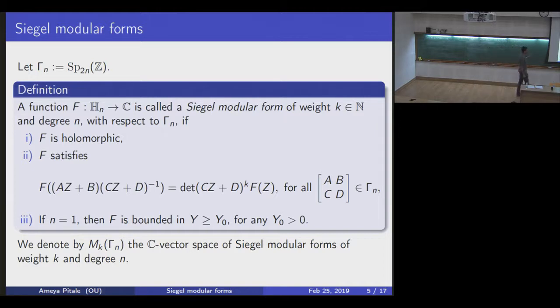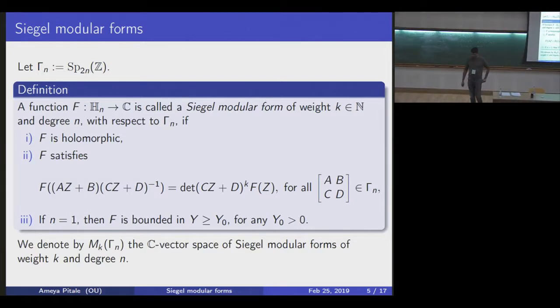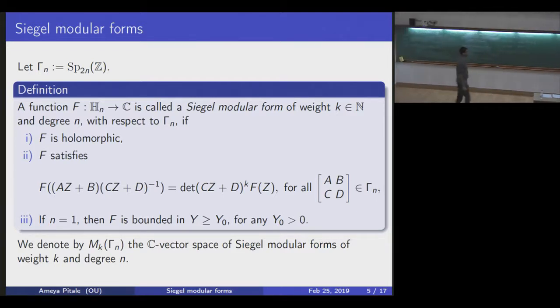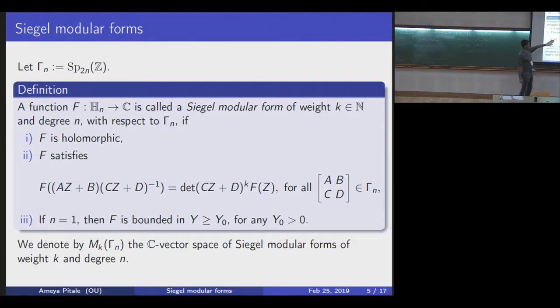Now it's very similar to what we had in the elliptic modular forms case. You have a function on the Siegel upper half space. There is a positive integer k, and a Siegel modular form of weight k with respect to gamma n is a holomorphic function. It satisfies this automorphic condition with respect to the action of gamma n on the upper half space.